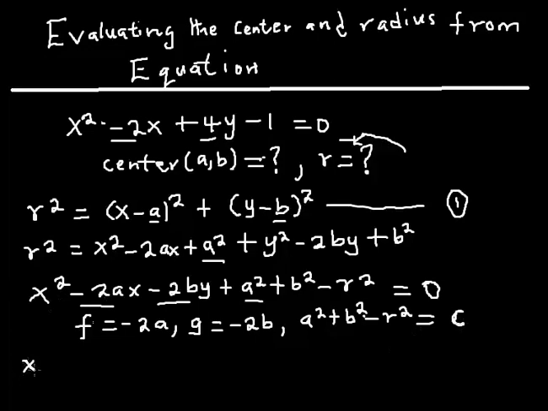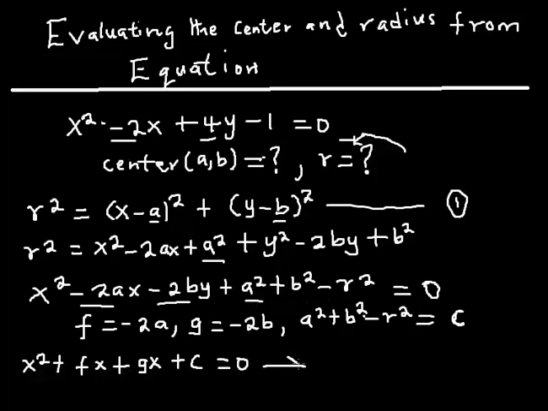It goes this way: x squared, then minus 2a is already represented by f, so that's going to be plus fx. Then of course minus 2b is represented by g, so I'm going to have plus gy. Then all the constant terms, a squared plus b squared minus r squared, are represented by c, then plus c, equal to 0.